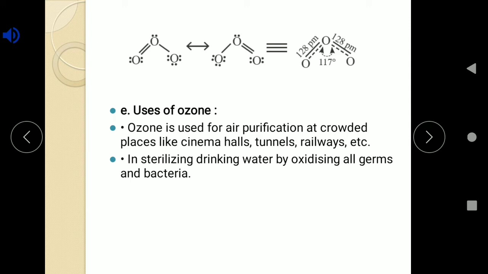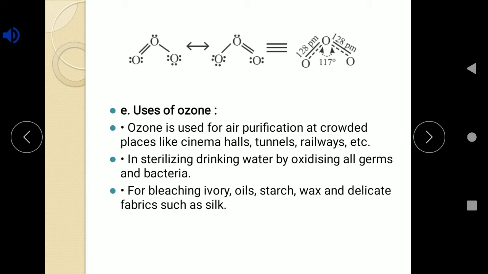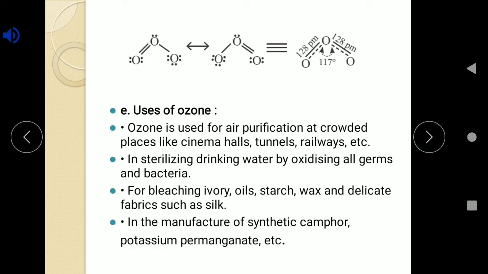The drinking water containing germs and bacteria can be killed by using ozone. It shows bleaching property. So for bleaching of starch, wax, delicate fabrics like silk, ivory, etc., ozone can be used. It is used to prepare other chemicals such as potassium permanganate and synthetic camphor. So these are the uses of ozone.